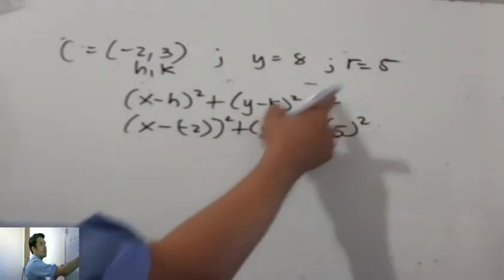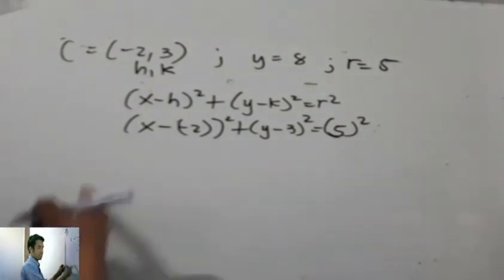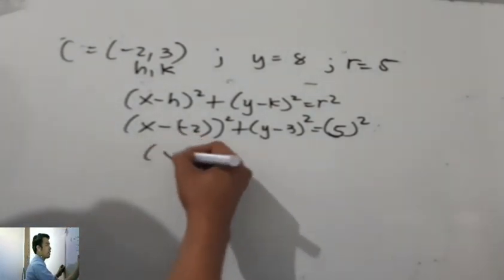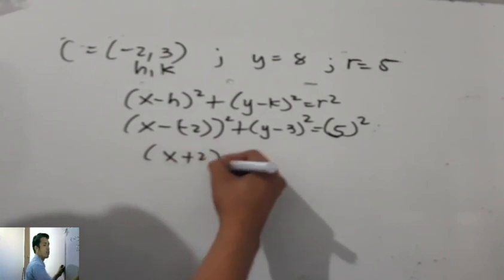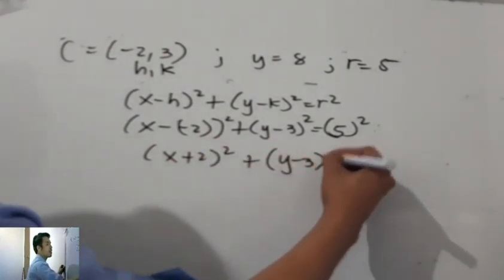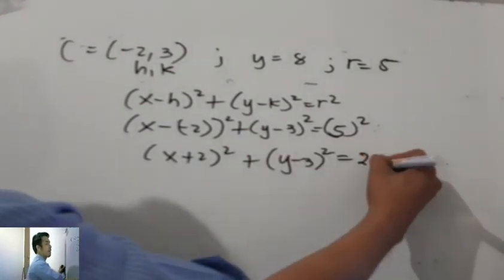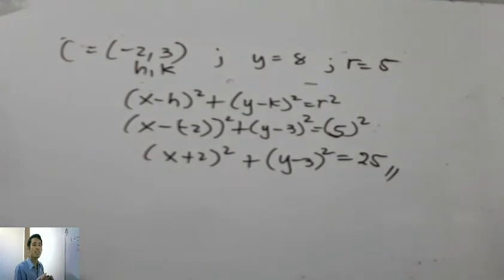After that, simplify. We have the quantity x plus 2 squared plus the quantity y minus 3 squared is equal to 25. So this is the standard equation of the circle given the center (-2, 3) and tangent to the line y = 8.